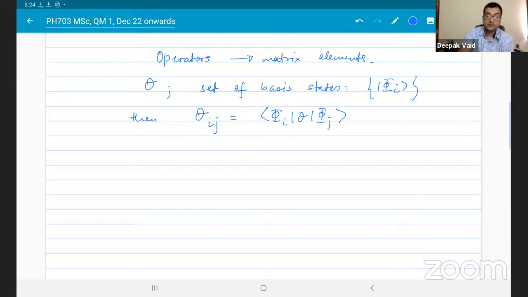Now, at this point, I can continue talking about the matrix elements of j square and jz and j plus and minus, and we'll get some expressions. Now that will not necessarily tell us so much.